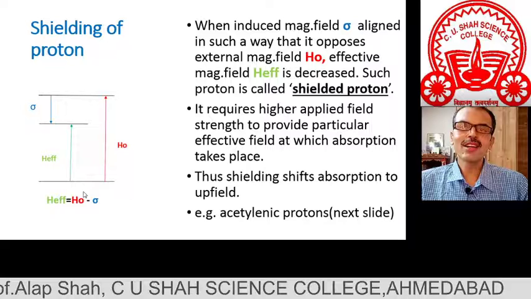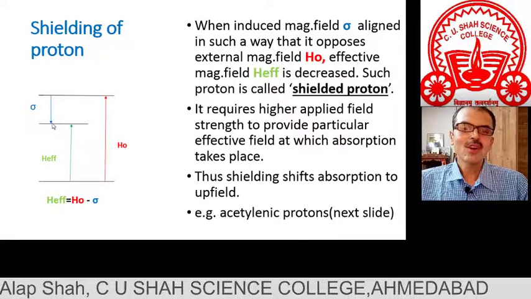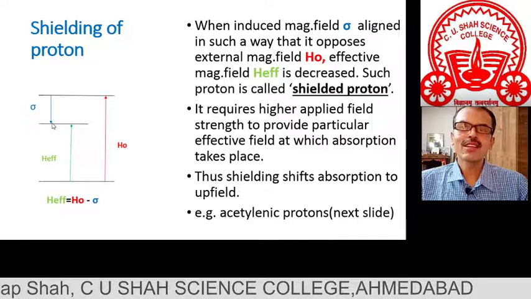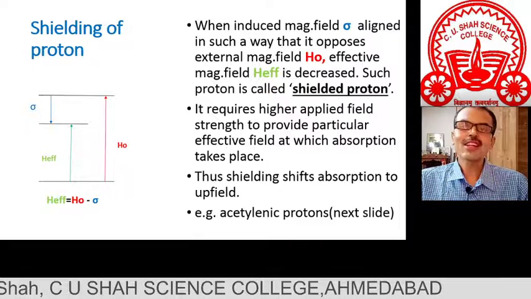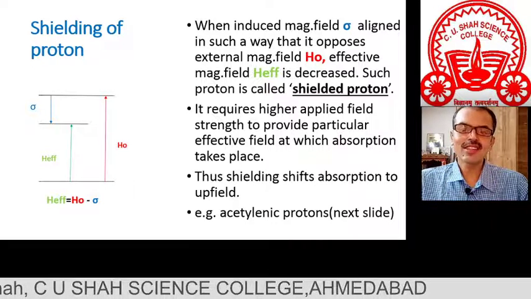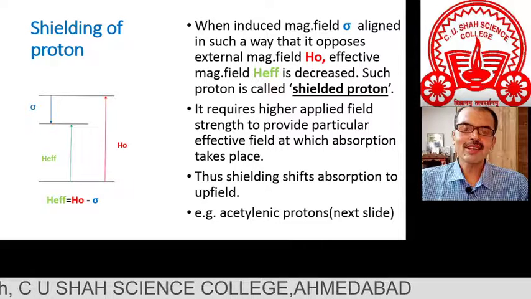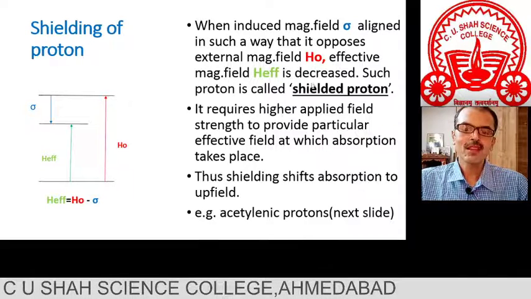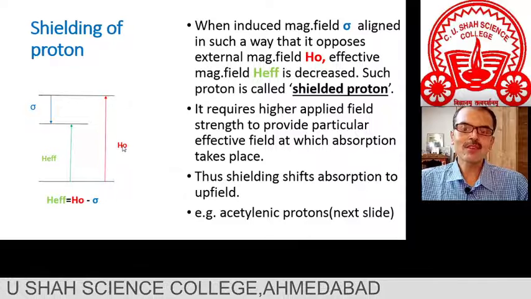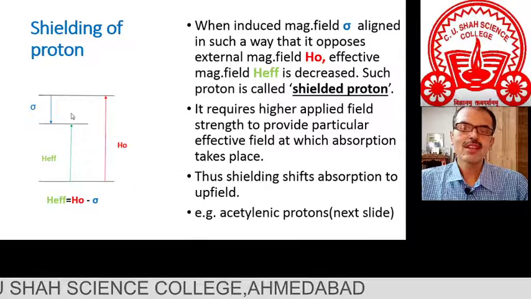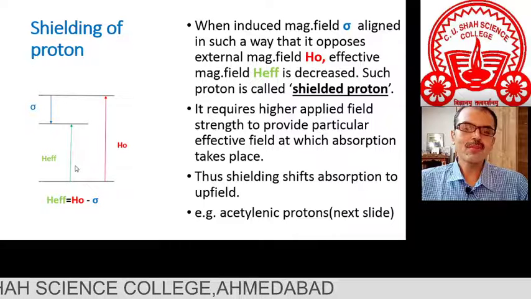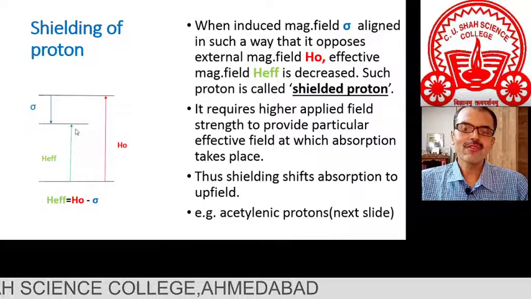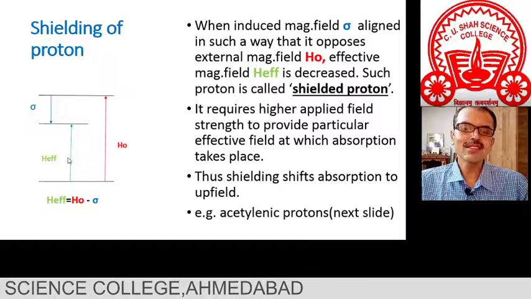In other words, this opposite induced magnetic field is called the shielding effect. You can understand this phenomenon with values. Suppose this is 50 and this one is 20. So the effective magnetic field would be lesser: 50 minus 20, that is 30.